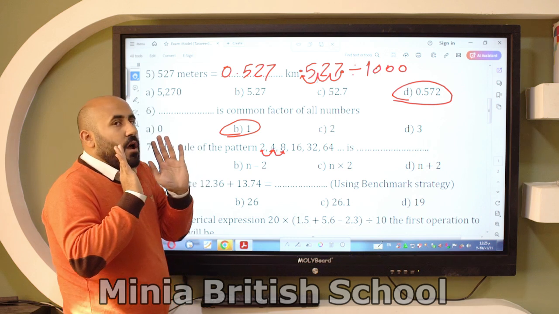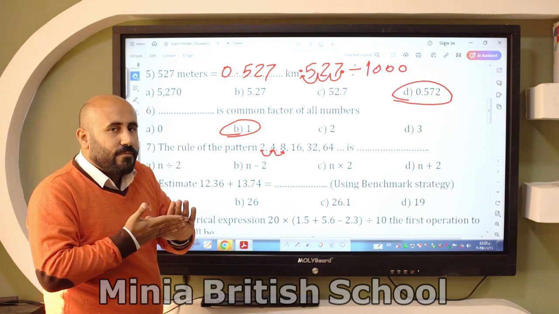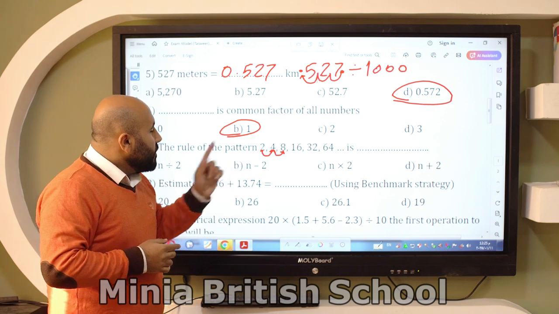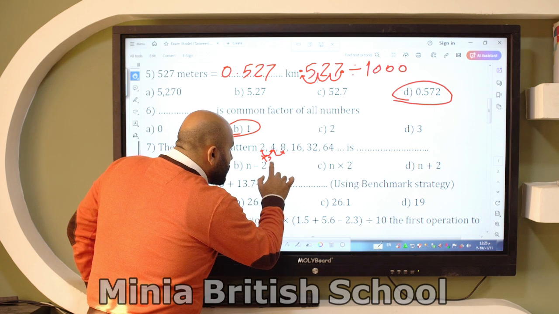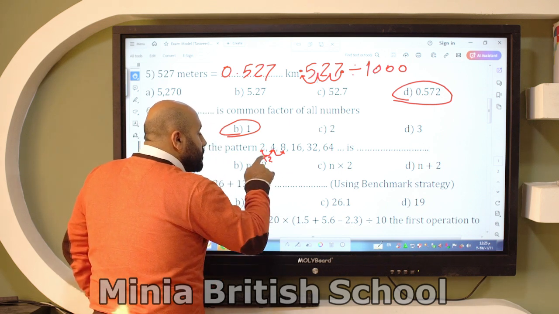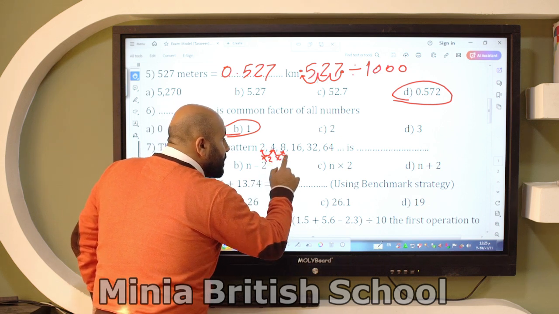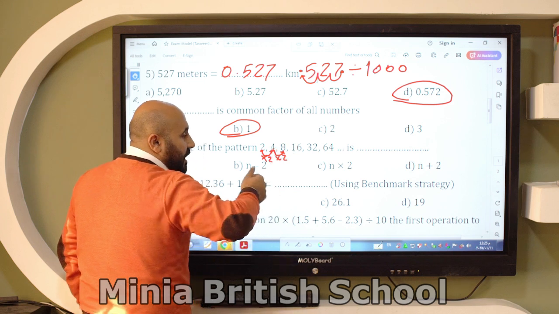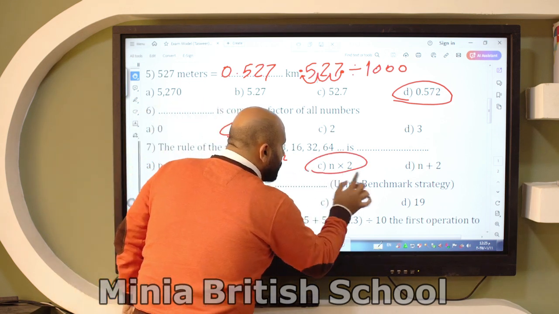But wait, I found it's 8, so plus 2 is a refused rule. In this case, it will be times 2. As you see, 2 times 2 equals 4, 4 times 2 equals 8, 8 times 2 equals 16, and so on. So our rule is n times 2.